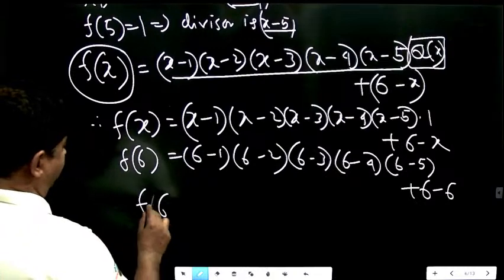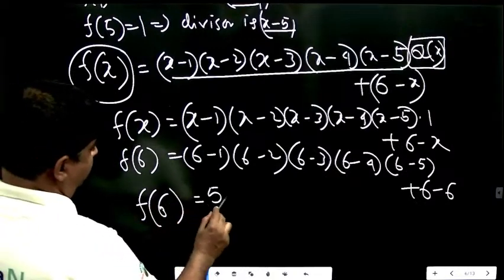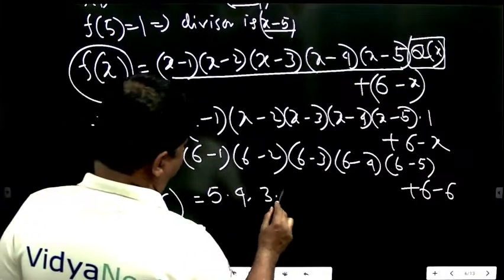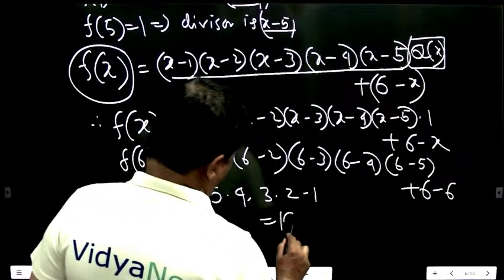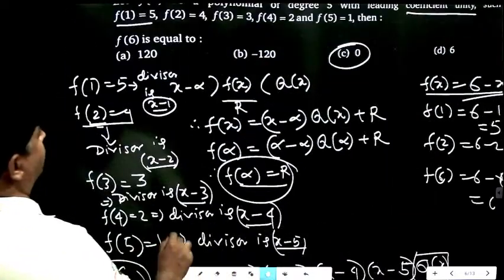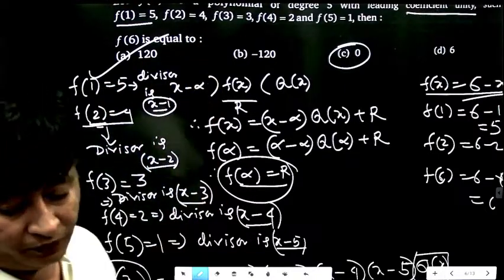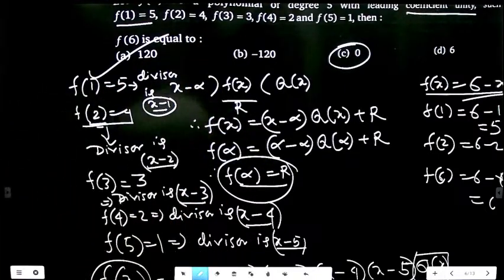So f(6), 5, 4, 3, 2, 1, 120. Does it match with any option? Let's see. Option E. Got it? Good.